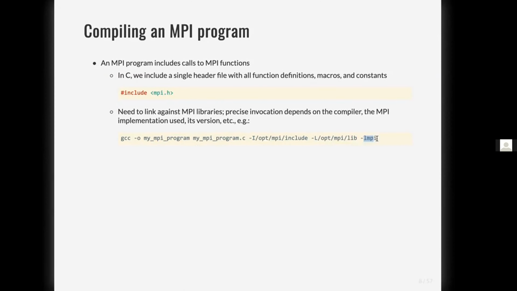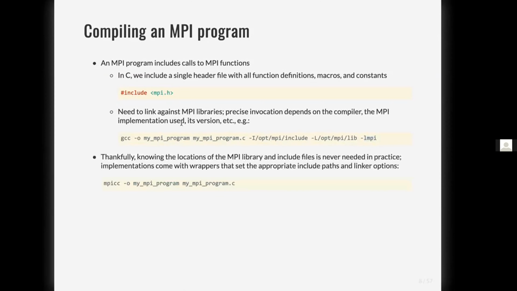For a library, you would have to do this, but thankfully, MPI implementations come with another wrapper script, so that you don't need to specify all this stuff yourselves, but rather you use MPI-ICC instead of GCC or CC or whatever the compiler is.